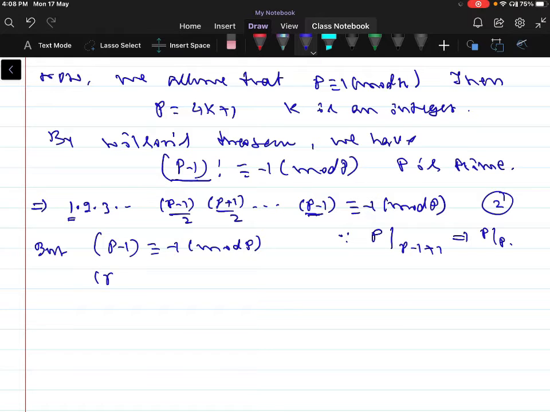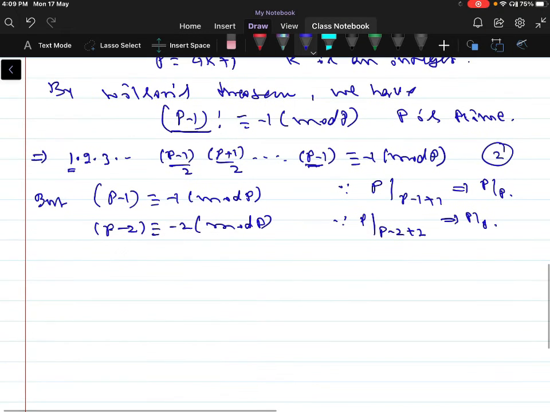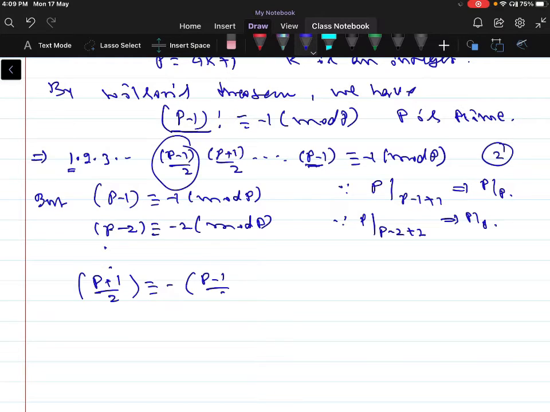Similarly, p minus 2, the previous of p minus 1, is congruent to minus 2 modulo p, since p divides p minus 2 plus 2. This implies p divides p, and so on. So p plus 1 by 2 is congruent to minus of p minus 1 by 2 modulo p.